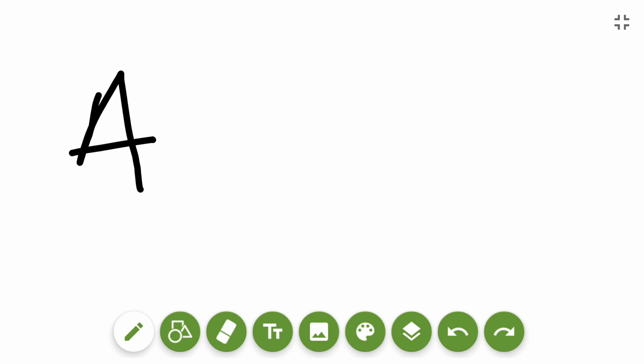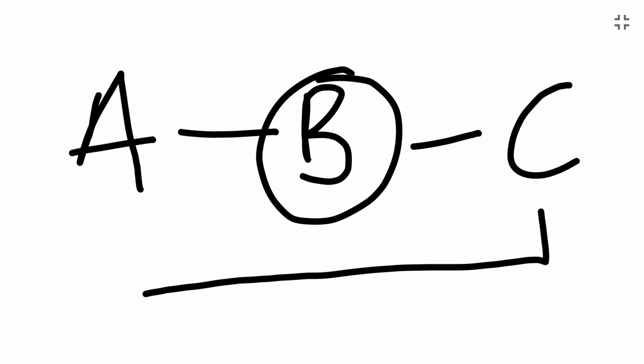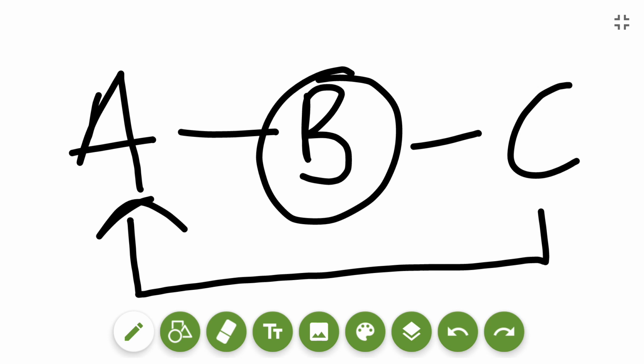A is the real owner of the property, B is the person who wants to transfer the property of A to C. Now what happens? B says to A, I want to transfer your property to C. A doesn't say anything, and B says further that C says that if you will give your property to C, then C will give you rupees 1 lakh.